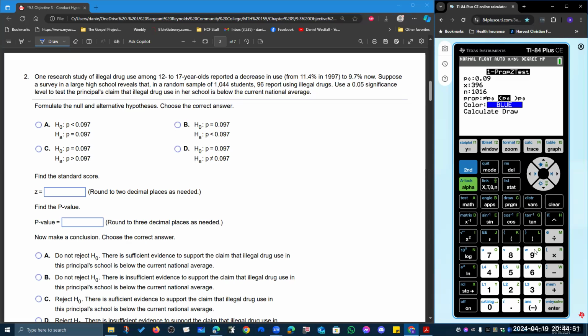So 9.7% is there, and 96 out of 1,044, and the principal wants to say that it's below the claimed average.